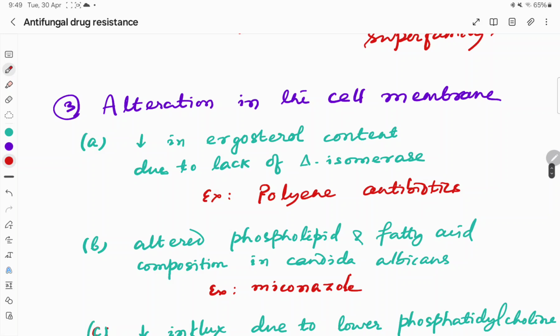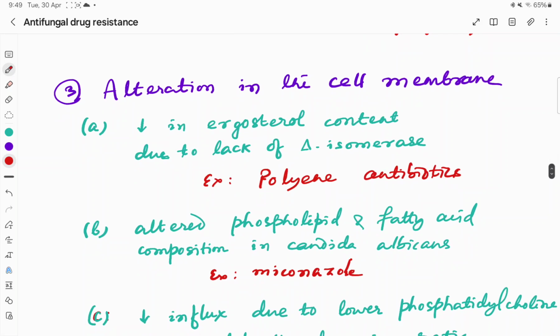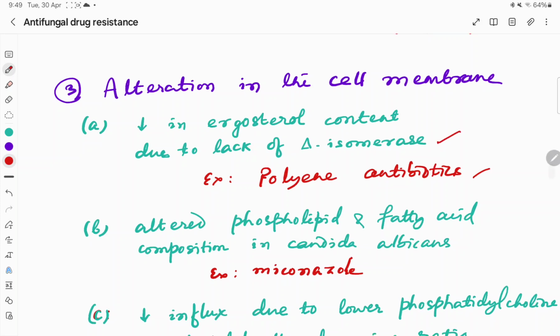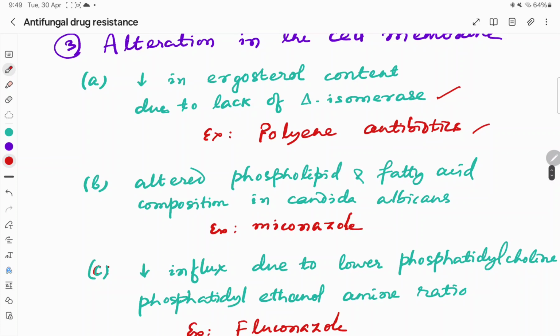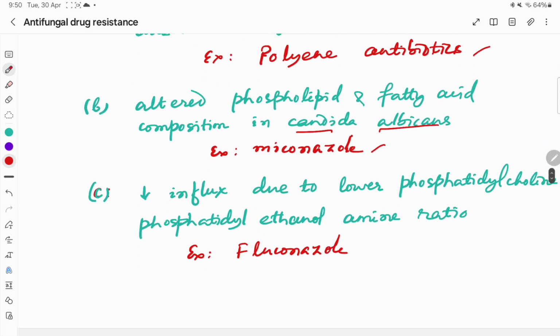Then the third mechanism of resistance is alteration in the cell membrane. So the fungus may cause decrease in ergosterol content due to lack of delta isomerase, and that is the cause of resistance to polyene antibiotics. Altered phospholipid and fatty acid composition in Candida albicans is the cause of resistance to miconazole.